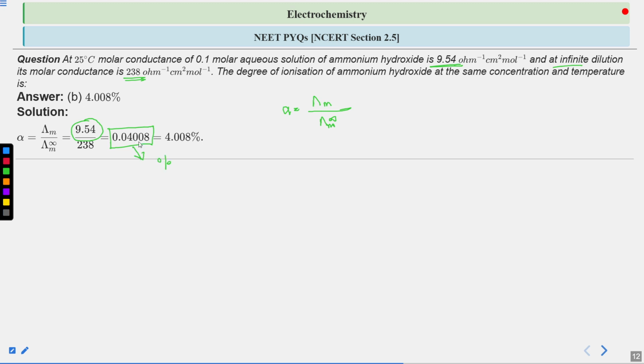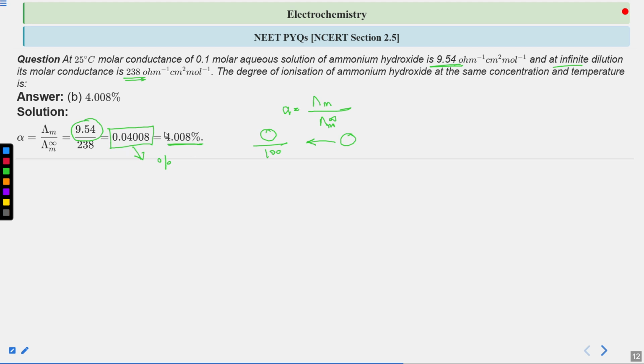How? By multiplying it by 100. If something is already in percentage, you can define it as that something divided by 100, right? If you have to convert something into percentage form, then you have to multiply by 100.